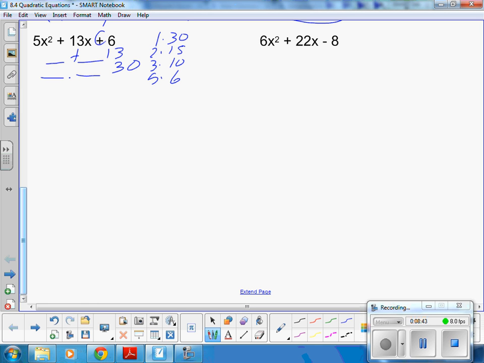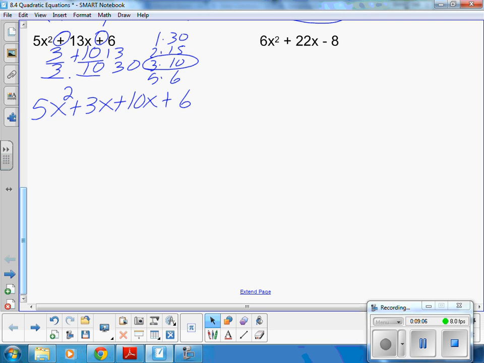The signs are the same. They're positive. So what two numbers do I add to get 13? So I have 3 and 10 there. So it's 5x squared plus 3x plus 10x plus 6.